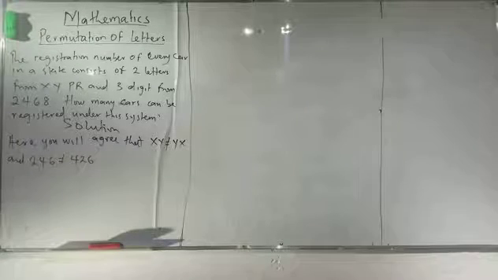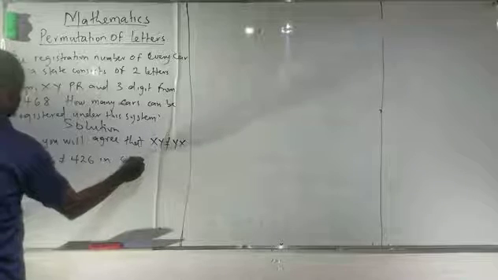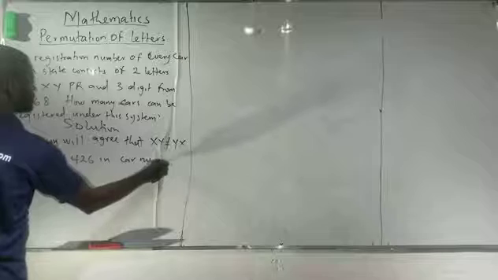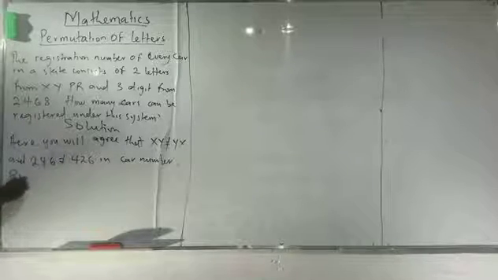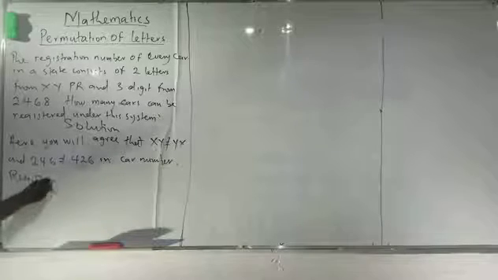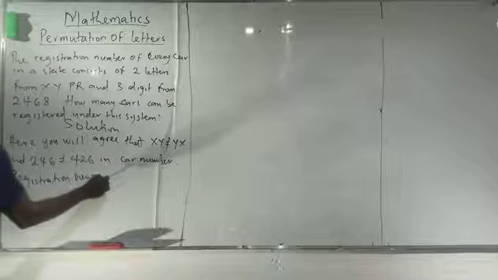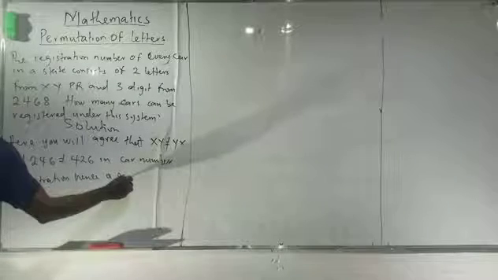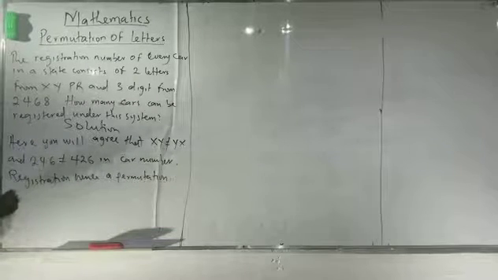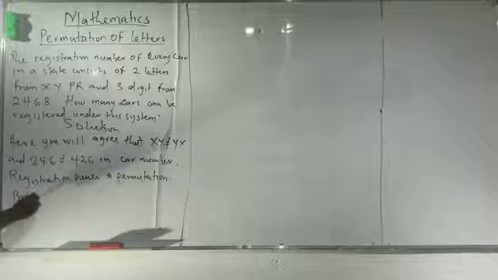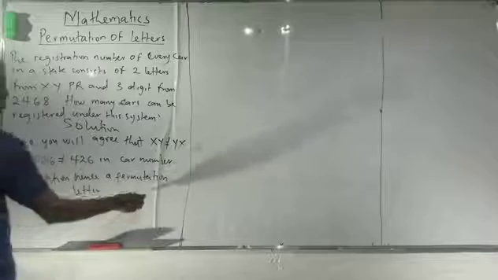That is something you have to agree on in car numbers, or car registration numbers. Now, registration ends up as a permutation problem, which involves letters and digits.